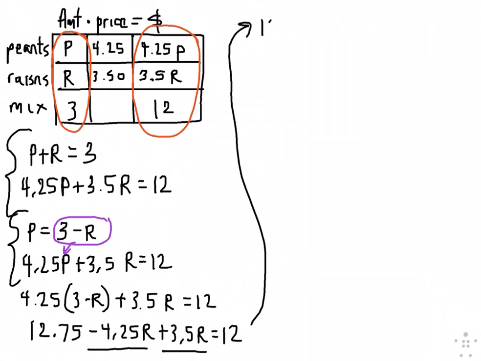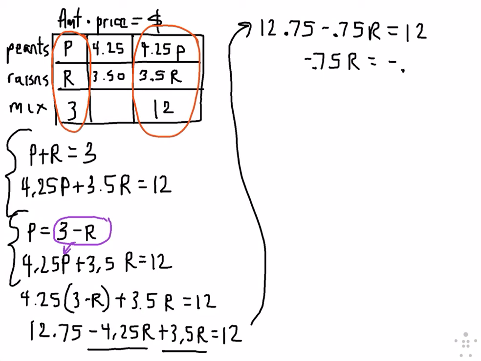So I have 12.75, minus 4.25 plus 3.5, that's negative 0.75R equals 12. So we subtract 12.75 from both sides. So I have negative 0.75R equals 12 minus 12.75.